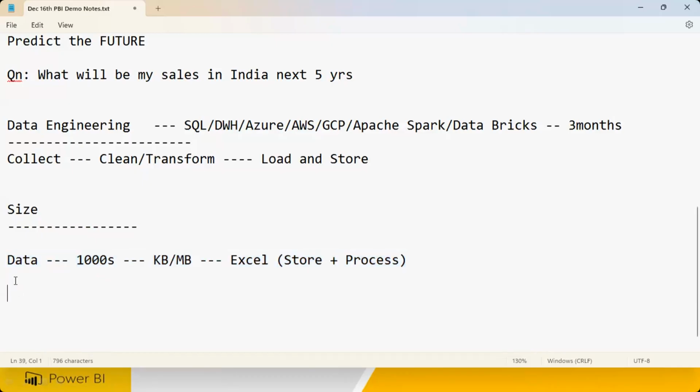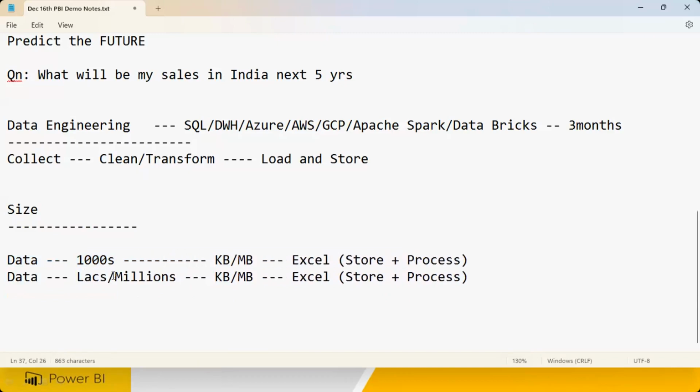But when the data size is bigger, what is the meaning of this? I'm not getting only thousands, lakhs and millions of records. When I'm getting it, what do we need to do? Here I'm talking about GBs of data. Every month, the banking industry gets a large amount of data.